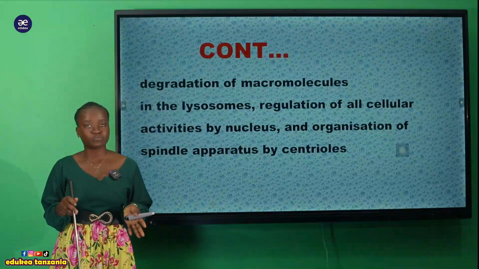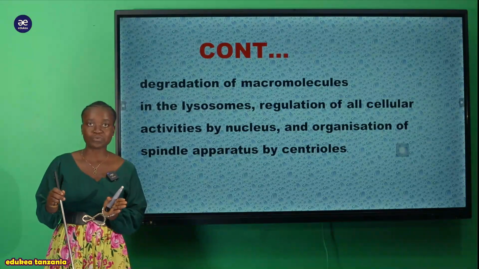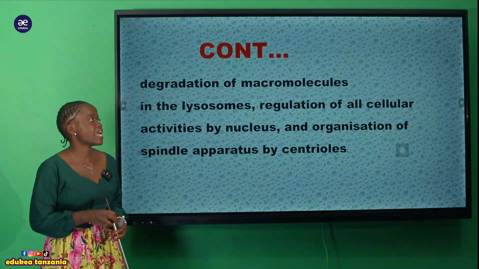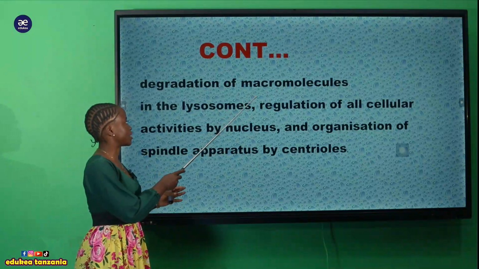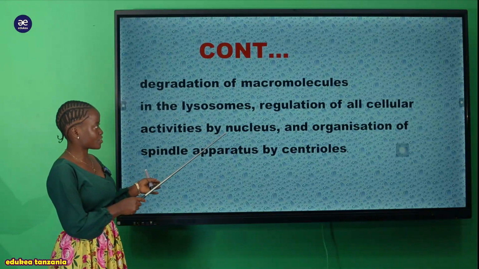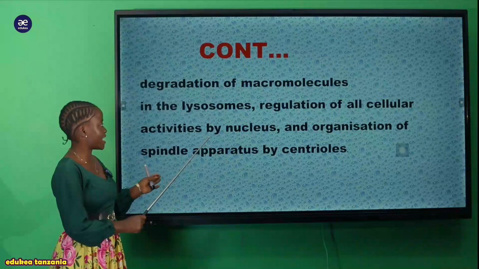And when we talk about micromolecules here, we are talking about those microtubules, those interfilaments, all of them, they are microtubules or micromolecules in general.